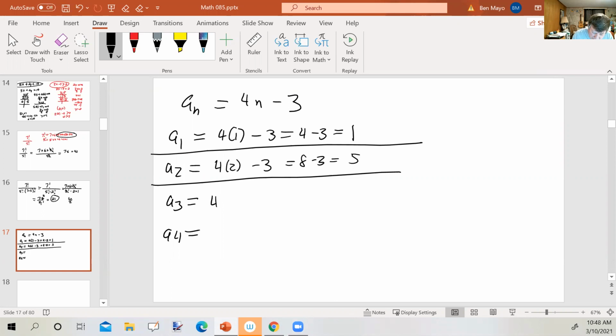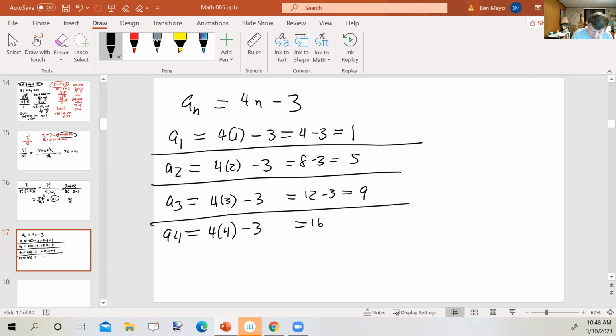A sub 3 would be 4 times 3 minus 3, which is 12 minus 3, or 9. And a sub 4 is 4 times 4 minus 3, 16 minus 3, which is 13. So there are your first 4 terms. Okay, any questions on that one?